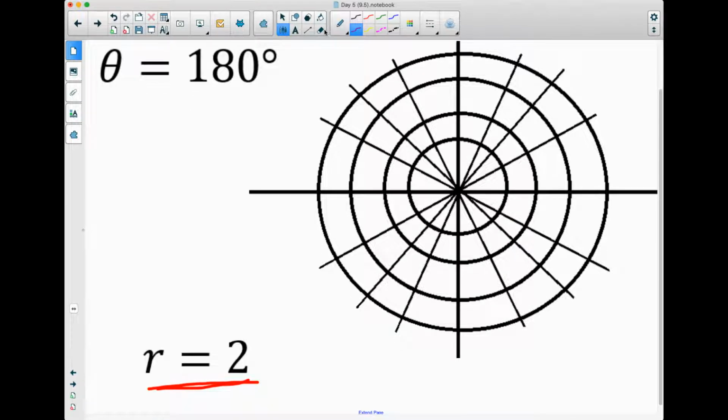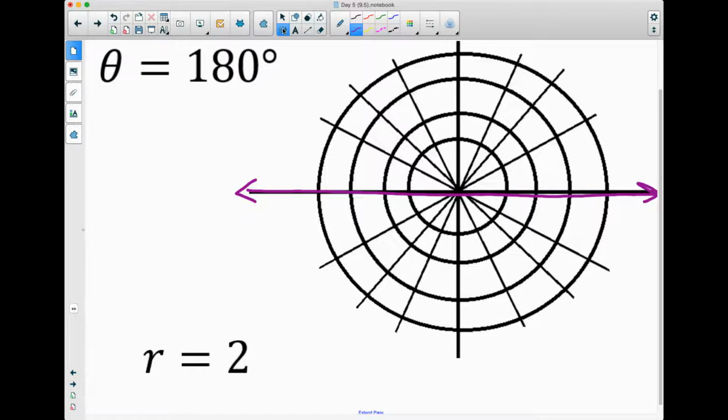These seem very trivial to draw, but they will actually help us, especially when we're working on converting between polar and rectangular. So if I give you that theta is 180 and to graph it, you would simply just draw a straight line. Okay. That's how you would graph 180. And you'll see here in a minute how that works out to give us that equation of a line.